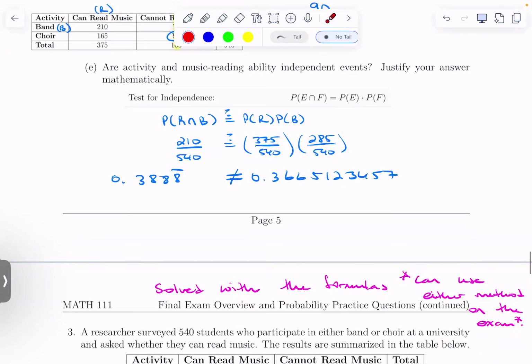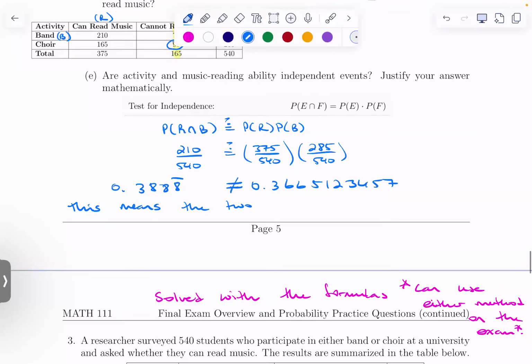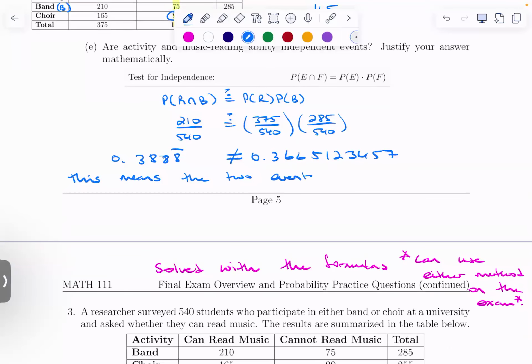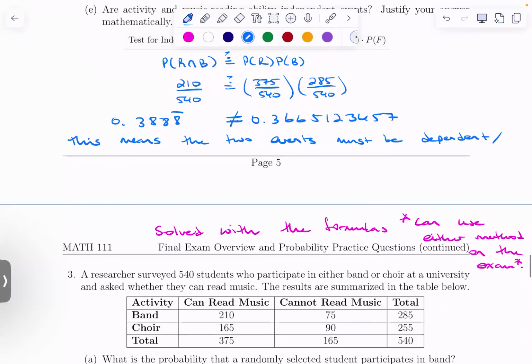And so this means the two events, I'll say, must be dependent. Or if you prefer, not independent. That's fine too.